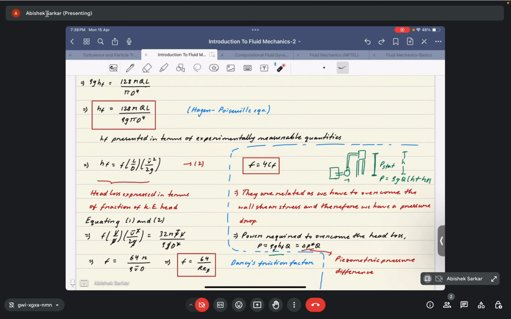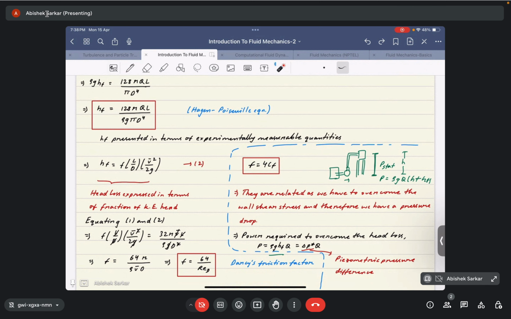As it is also mentioned in the lecture by Professor Chakraborty, this relation is bound to happen. Why? Because the flow has to overcome a wall shear stress for the flow to occur in a particular direction, and it is the presence of this wall shear stress that results in the pressure drop in the flow through a particular pipe or channel.